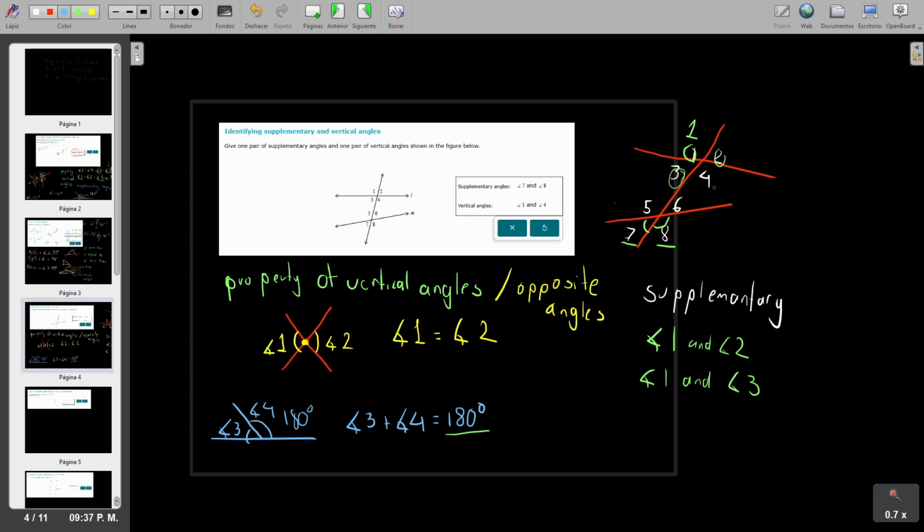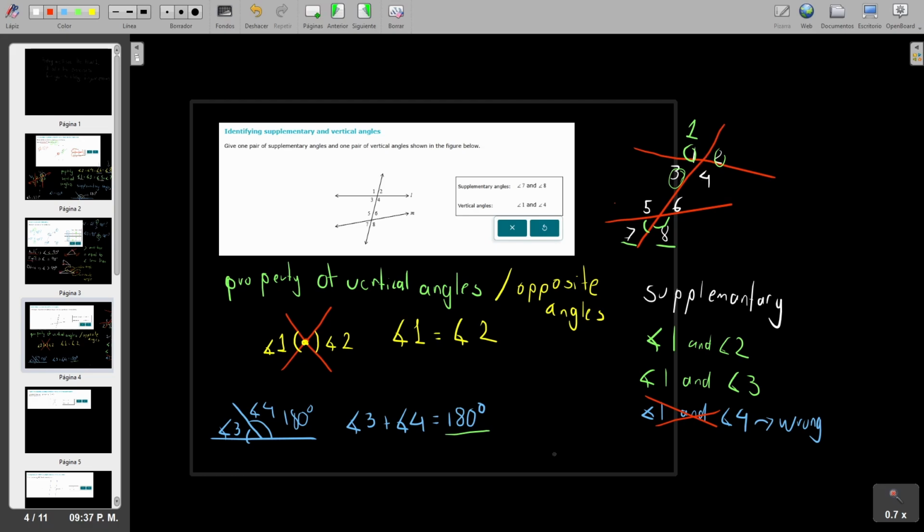But with number 1, we cannot put 4. This is wrong. Why? Because the sum of these is not going to be 180, but they are opposites. They are vertical angles.